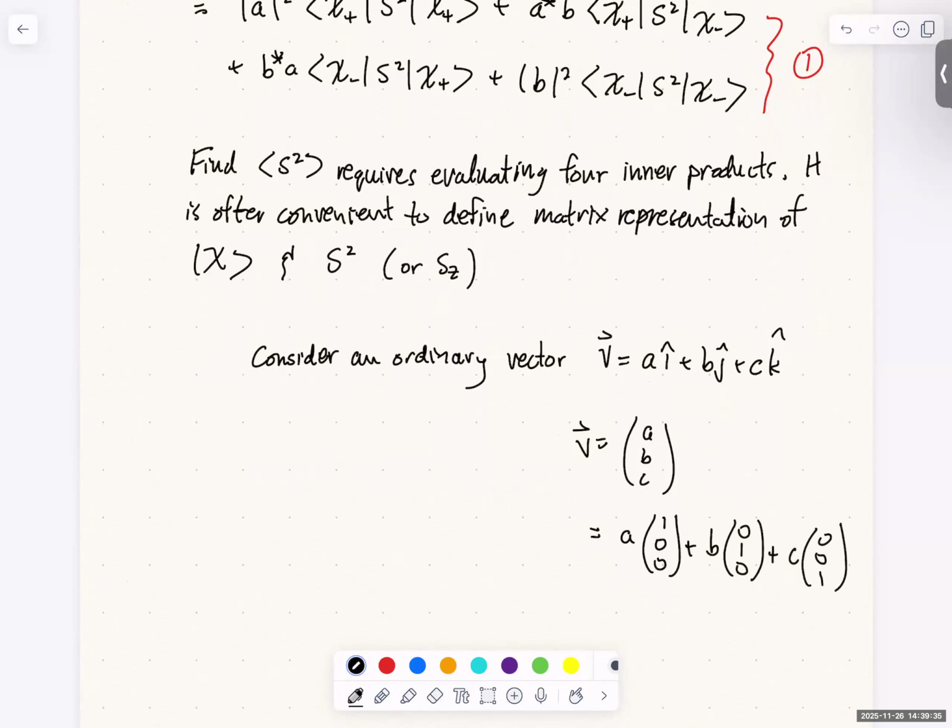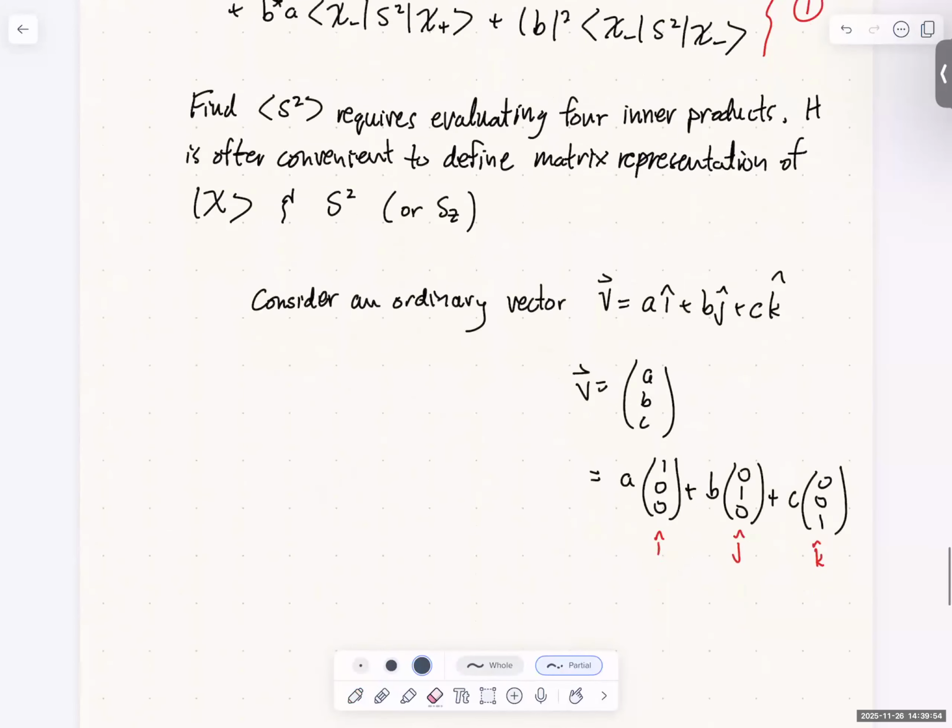Now, it's pretty clear that this column represents our unit vector i hat. So this is like our i hat, and this is like our j hat, and this is like our k hat. So what I want to do is something similar for our eigenstates.